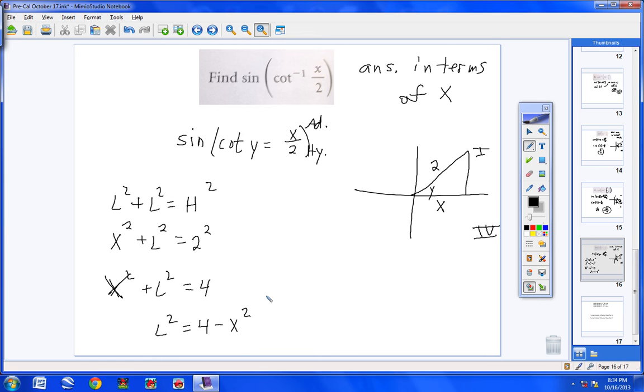And now, if I have an L squared, I want to take the square root of it, but if I take the square root of one side, I've got to take the square root of the other side, so I'm left with L equals the square root of 4 minus x squared. Cool. So you found this leg. Remember, I told you you're going to get an answer in terms of x. That means your answer is going to have an x in it, not just numbers. So this leg right here is the square root of 4 minus x squared.